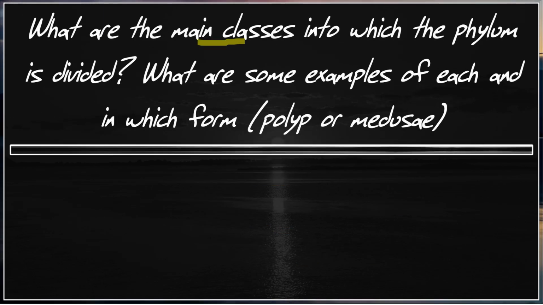What are the main classes into which the phylum is divided? What are some examples of each? In which form? Polyp, medusae.